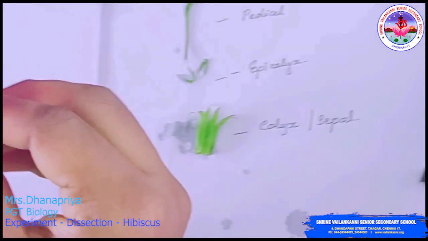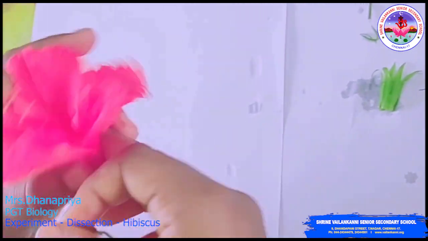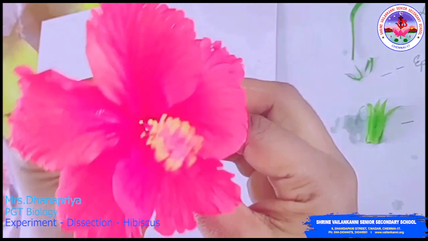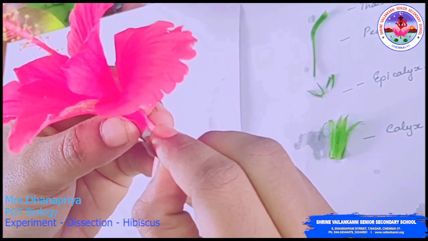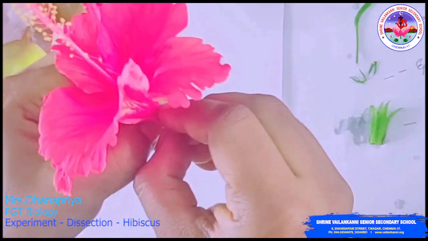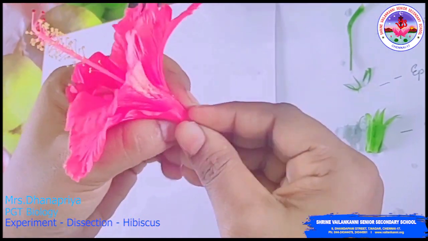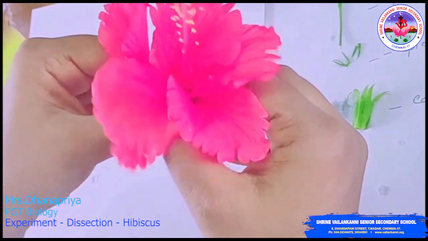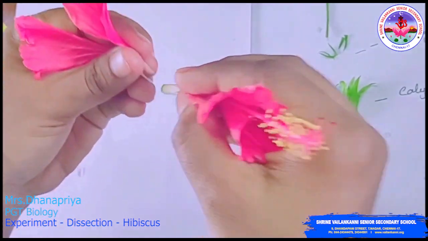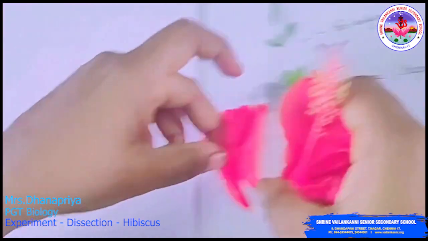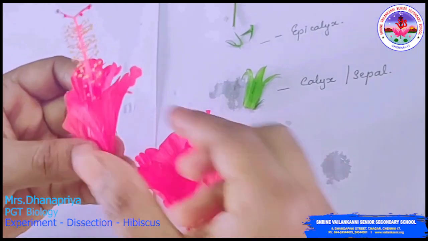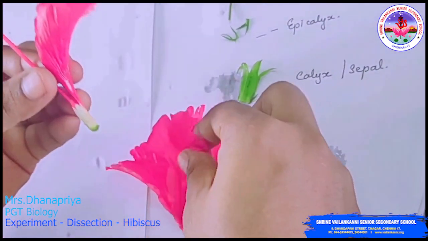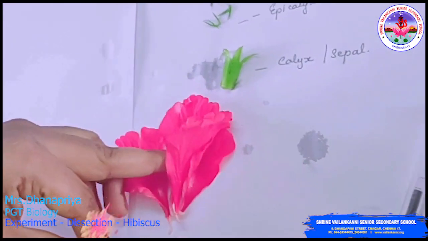Now I will show the corolla. These floral leaves, the bright red colored floral leaves, are the corolla. I just made a slight cut here, and I am removing the corolla part. Third one, fourth and fifth.